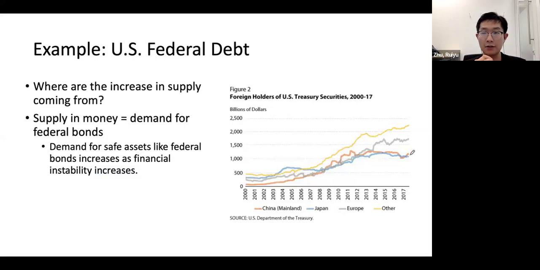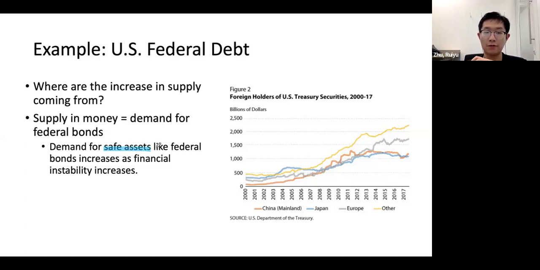A second force that will increase our supply is the holdings by foreign countries. Actually after the crisis, the US Treasury security holdings by foreign countries also increased a lot, especially for China, for Japan, for Europe, right? So what's happening here is that the demand for these safe assets, remember the demand for federal bonds is equivalent to the supply of money, right?